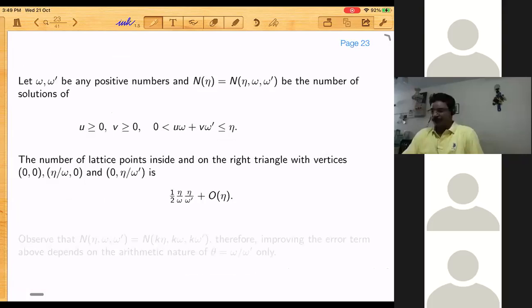Therefore, when we look at the lattice points inside this triangle, and this line is u omega plus v omega prime equal to eta, the hypotenuse.